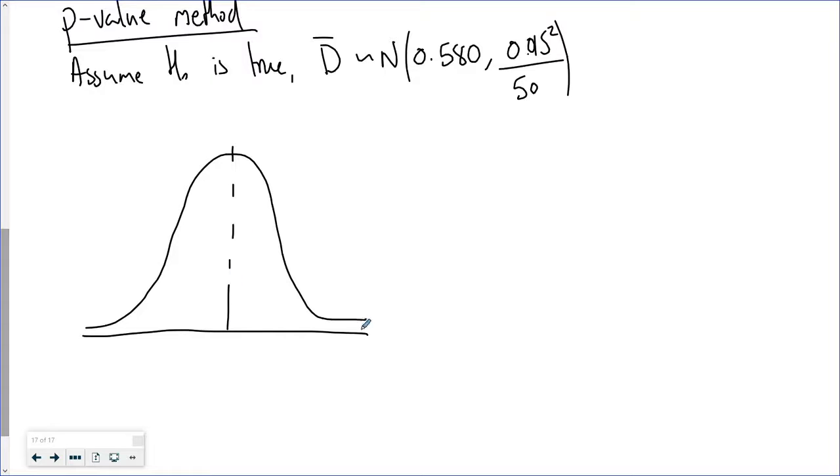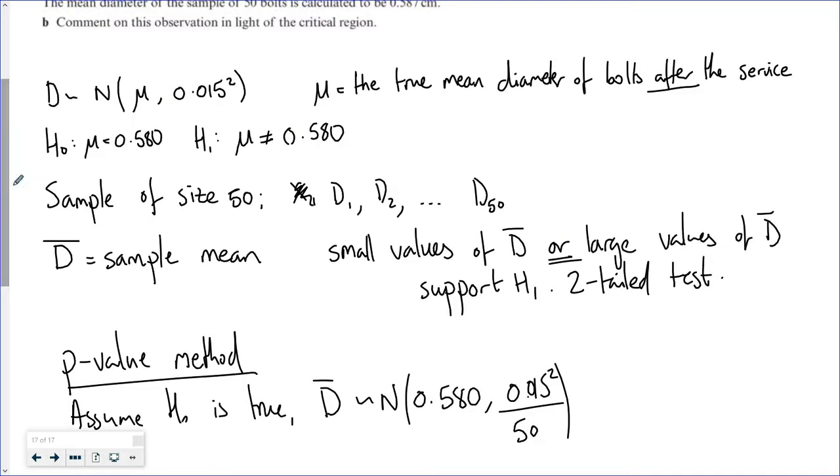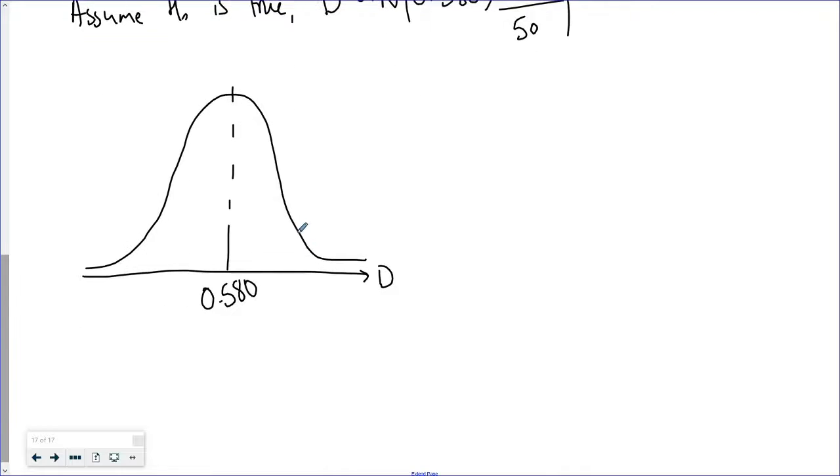And on our horizontal axis, we've got d bar, and if H0 is true, then the mean is this. And we know that we saw a d bar value of 0.587. So that's our sample mean, 0.587.